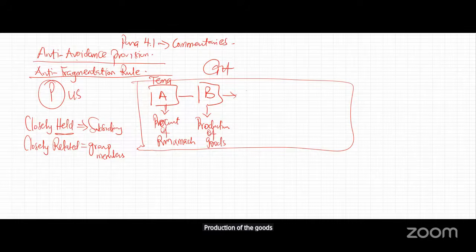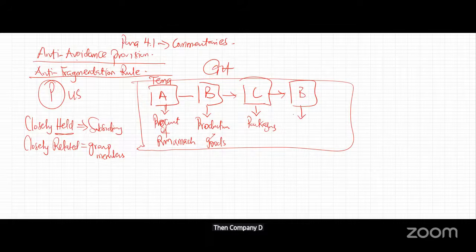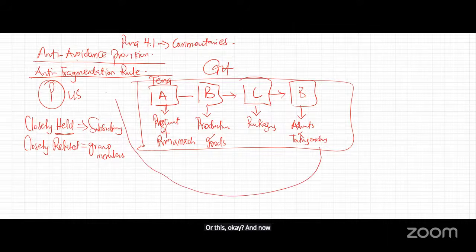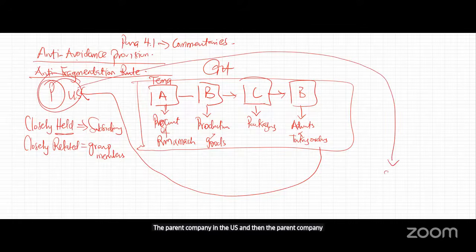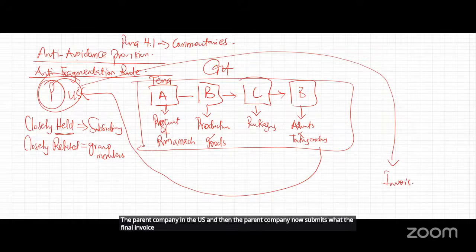Then company D does adverts and taking orders, and submits these orders to the parent company in the US, and then the parent company submits the final invoice to the customer to pay.